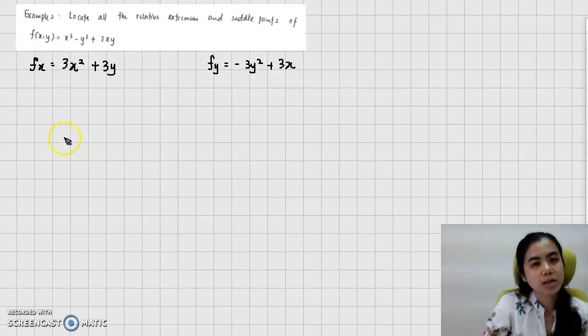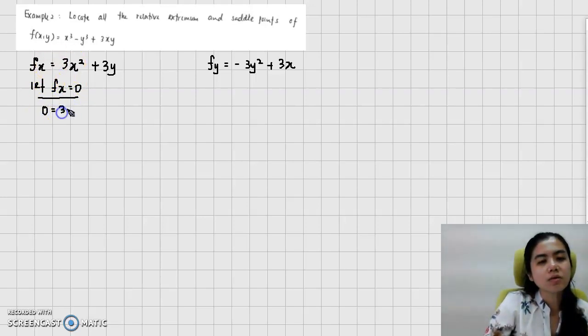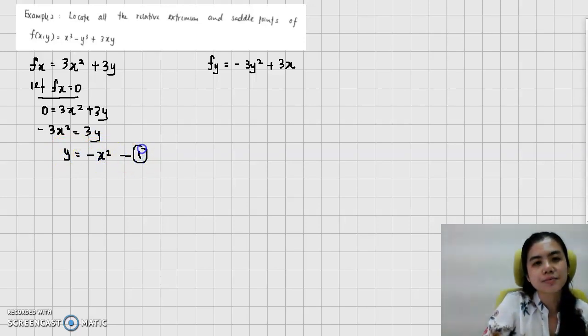The next step is to let fx equal to 0. So we have 0 equals 3x squared plus 3y. Simplify it, you will have minus 3x squared equal to 3y, and y is basically equal to minus x squared. So that is your first equation.